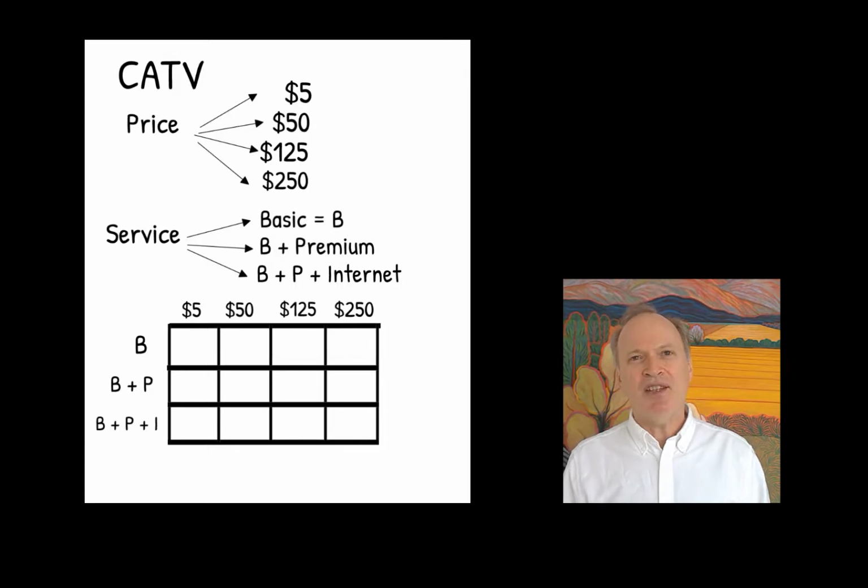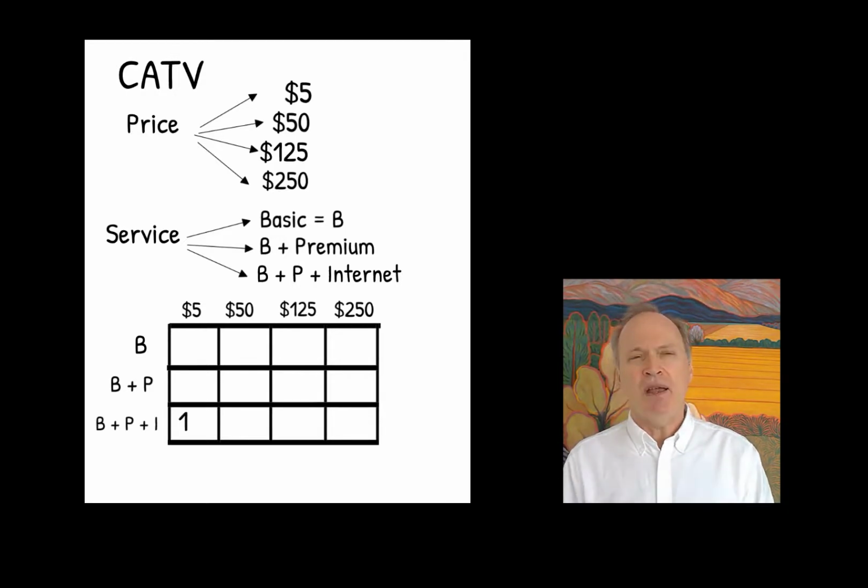Okay, now we've got these 12 products that we're faced with here in this 3x4 matrix. And we ask the consumer, which product would you prefer the cable company sell to you? They're going to look at it for a while and go, oh, this one seems logical. How about getting everything for the lowest price?